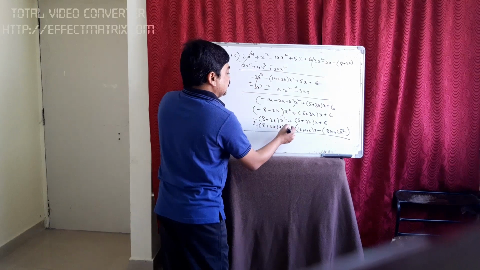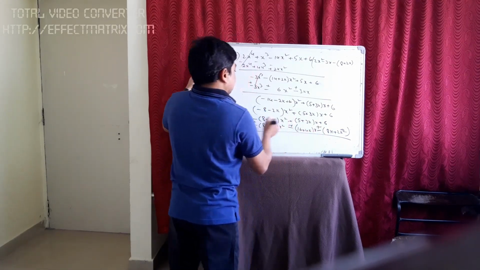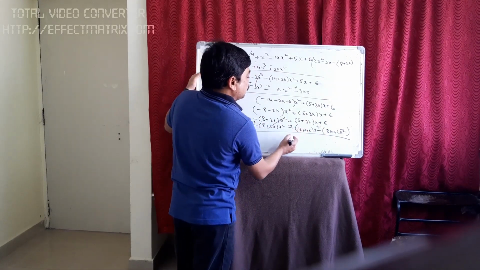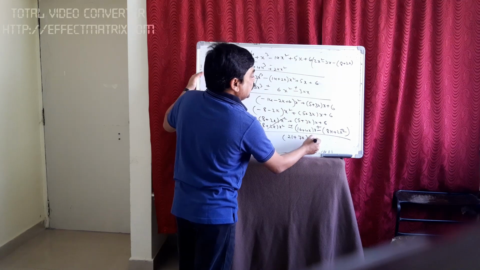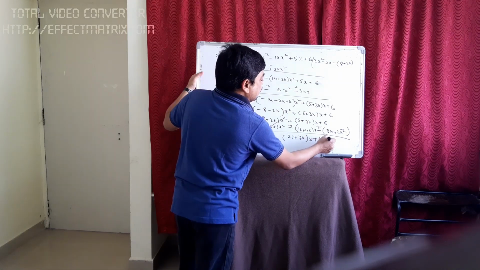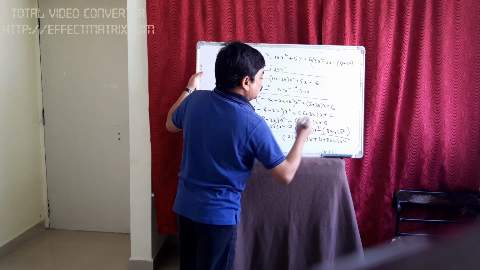Now subtract, change the symbols. This becomes 5 plus 16, 21 plus 7k of x plus 6 plus 8k plus 2k square.